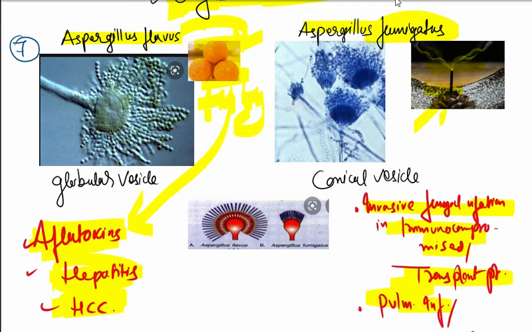Okay, now in the slide, flavus has globular vesicles. So all around this conidia, this is globular. All around, the vesicle is seen, laddu. So vesicles, globules, goal. So that's why I made laddu, flavus. Now fumigatus has conical vesicles, so like this.